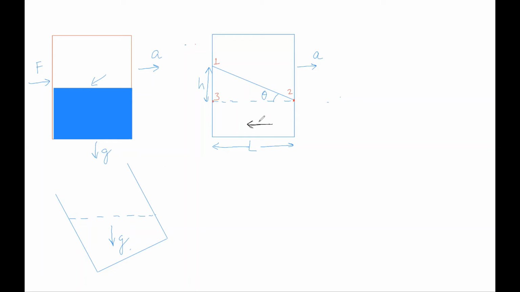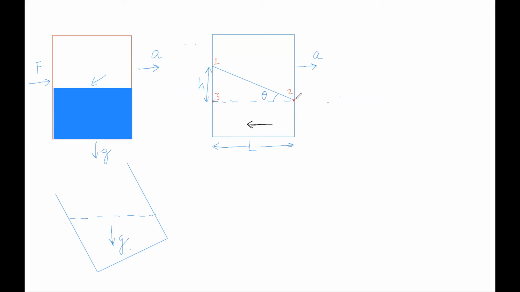Just like in the vertical direction, we say that pressure increases with depth because of acceleration due to gravity, in the same way here also we can represent this in the horizontal direction because of the pseudo force applied on the fluid with respect to the container. There is a pressure difference created, that is, pressure at 3 is expected to be more than the pressure at 2 by the same application of Pascal's law.